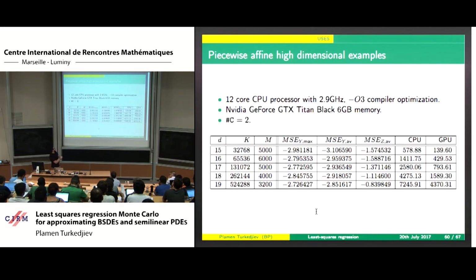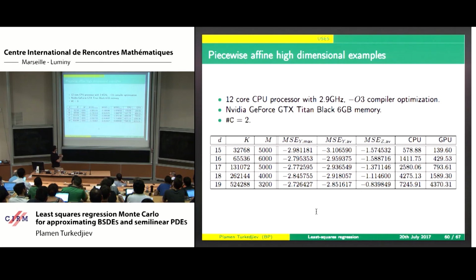And then we also used piecewise affine basis functions to enable us to go to much higher dimensions. So we actually went up to dimension 20. Now, because we were fitting affine functions, the GPU still outperformed the CPU, but it wasn't so profound.